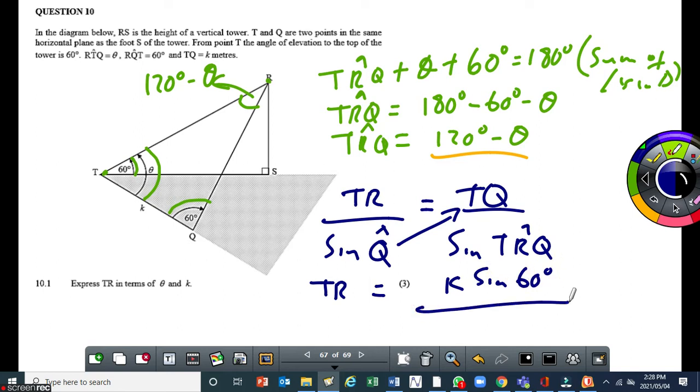This is all over my TRQ, which is going to be sine of 120 degrees minus theta. Then you can see that compound angles, you have to use the compound angle formula there.